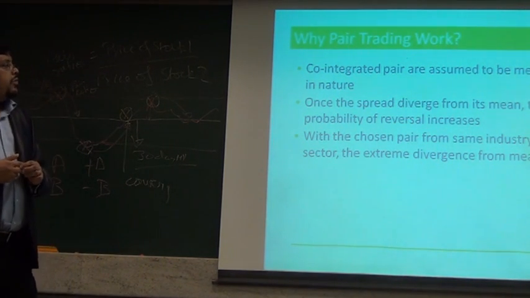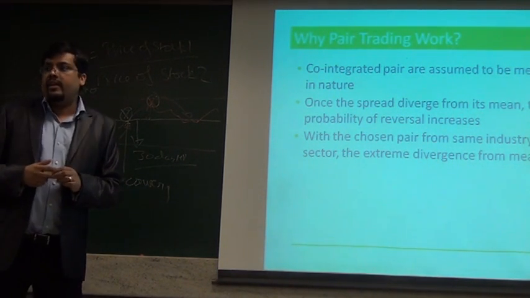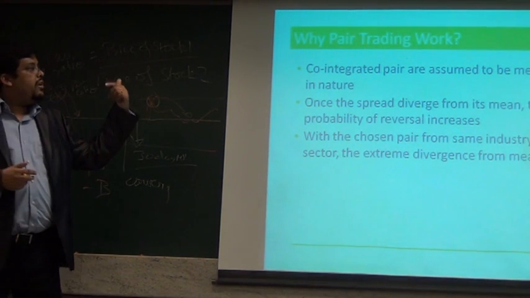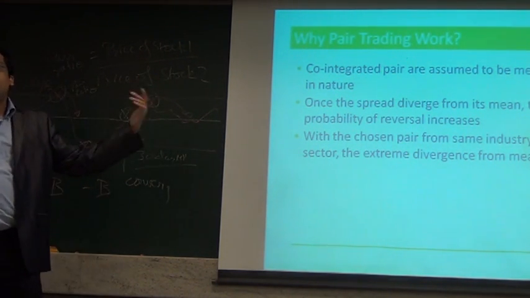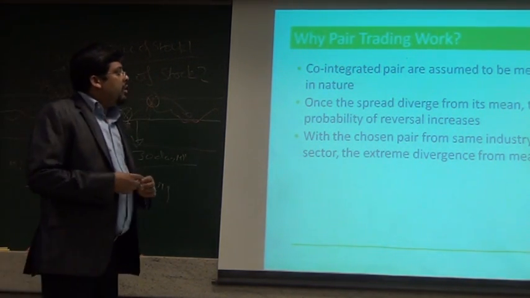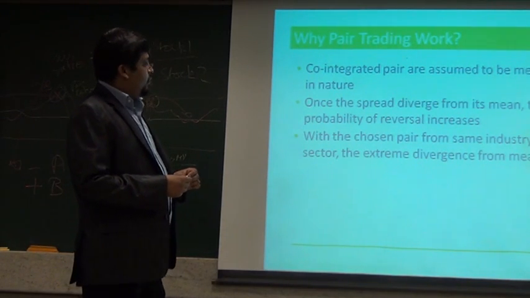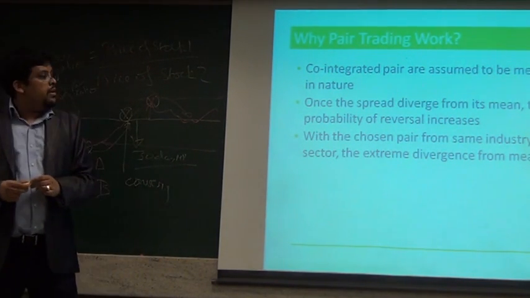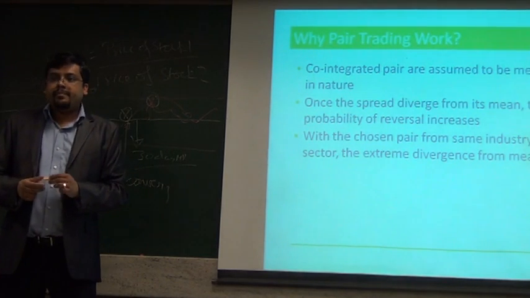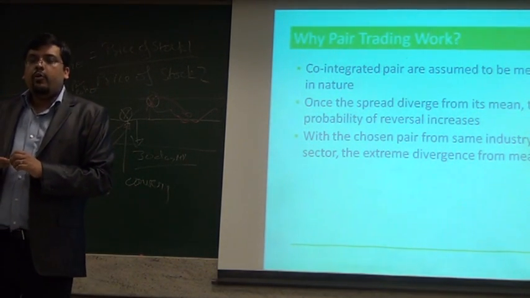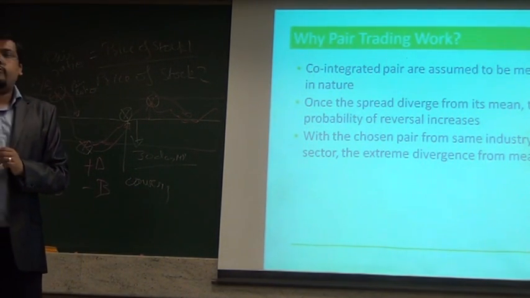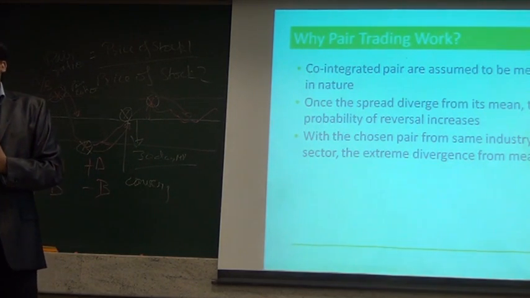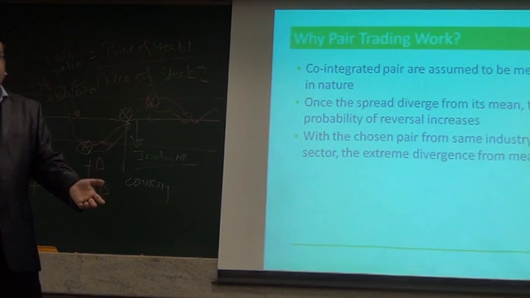Once the spread diverges from its mean, the probability of reversal increases. That is something we try to derive from whether the pair is cointegrated. With a chosen pair from the same industry and same sector, extreme divergences from the mean are rare. When we look at a pair trade, you can always ask me: I am saying trade TCS long, Infosys short, ACC and Ambuja.